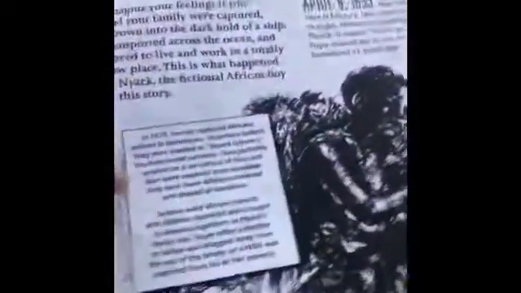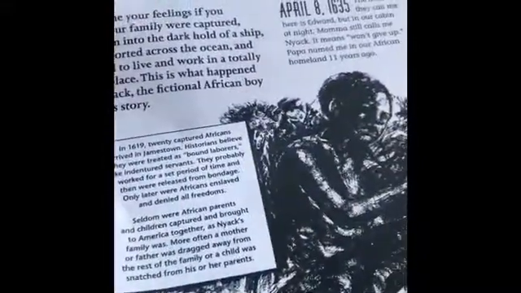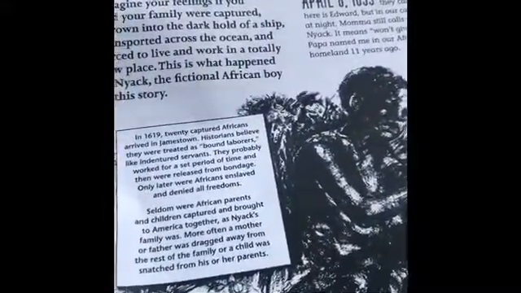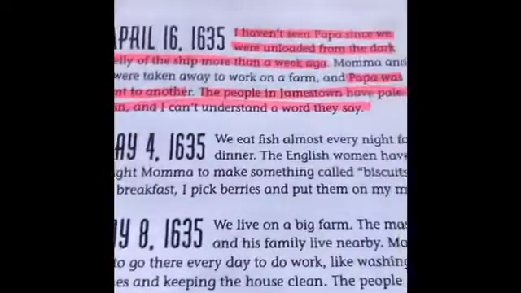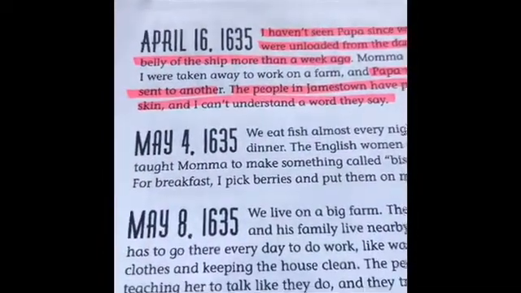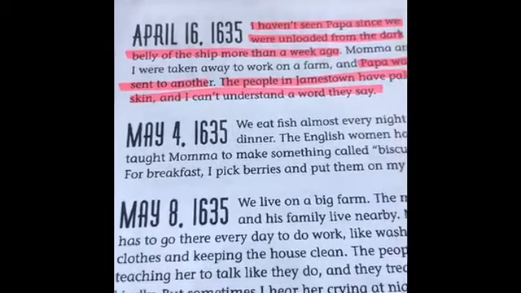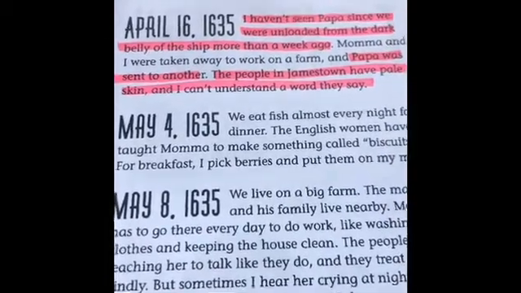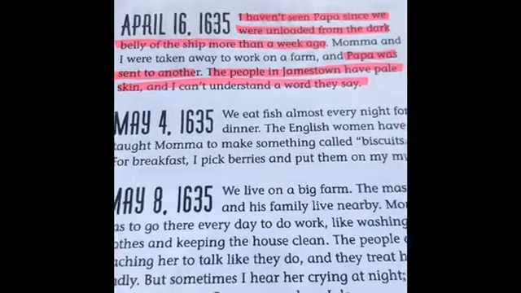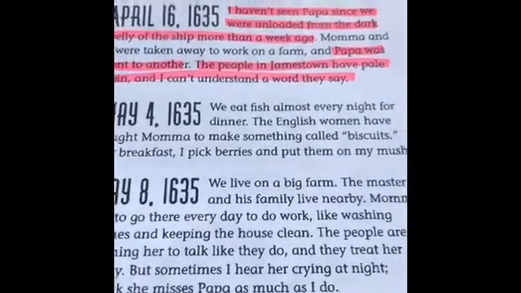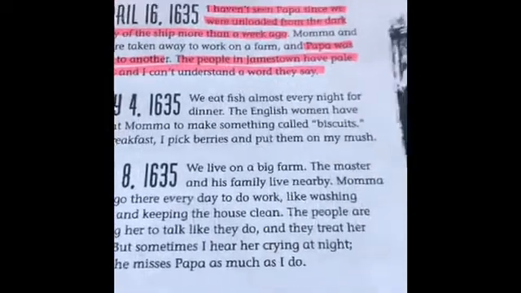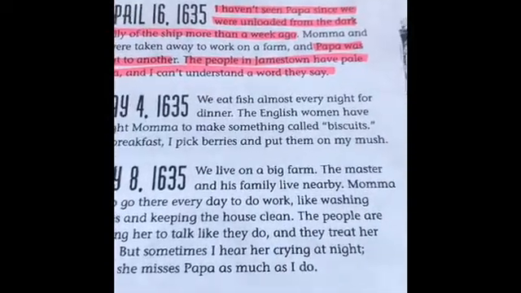Now, I read this story and I was looking at it for things that I could find that would describe him. So the first thing I found was that on April 16th, 1635, he's talking about how he hadn't seen his papa since they got off the ship, and that he and his mom were taken to another farm, and his papa was sent to another.